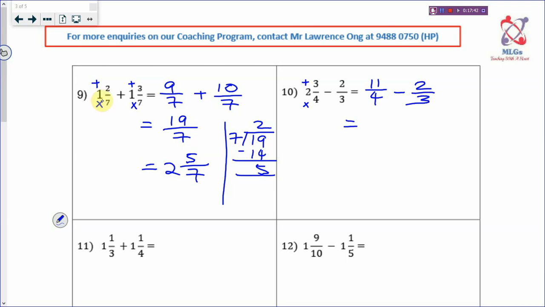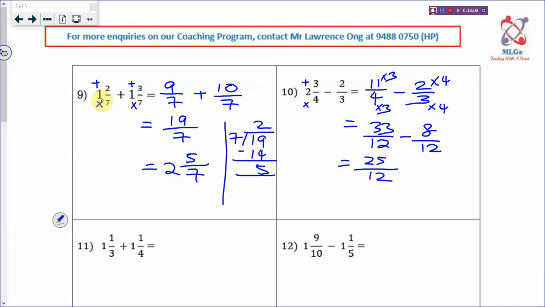You just take 4 times 3, 3 times 4, because that is the first common multiple, which is 12. And then on top, you also times 3, and then here on top, you times 4. And you will get 33 over 12 minus 8 over 12. And you will get 25 over 12.